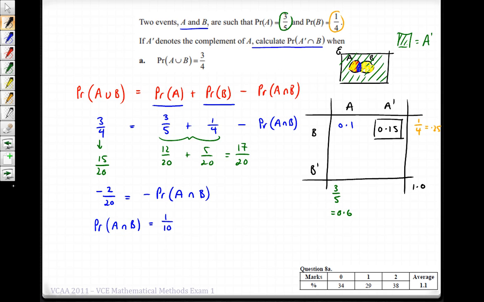And that's our answer. So just to make that really explicit down the bottom, the probability of A dashed intersecting B is given by 0.15 for this case. And that's this box right here.